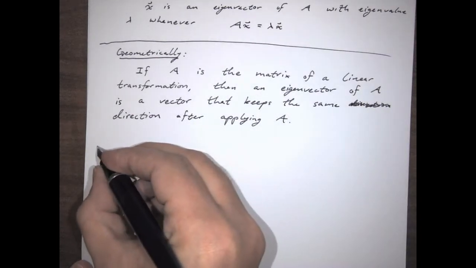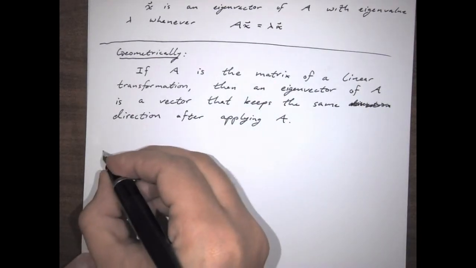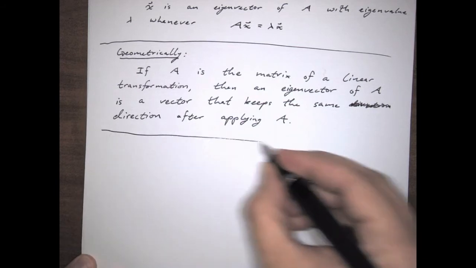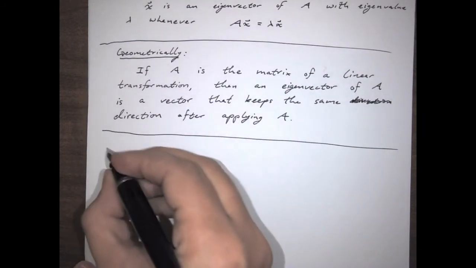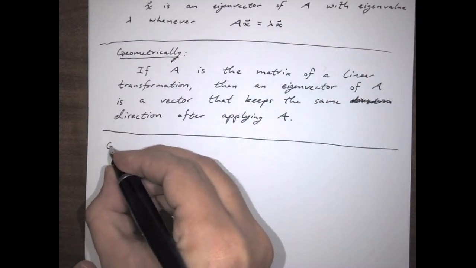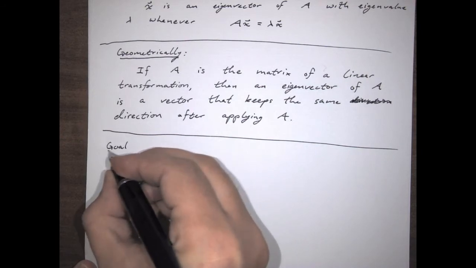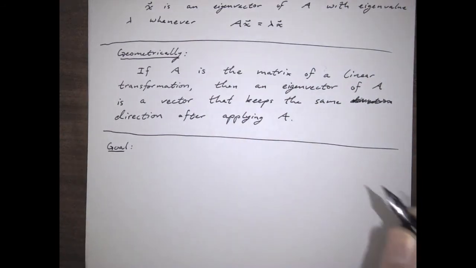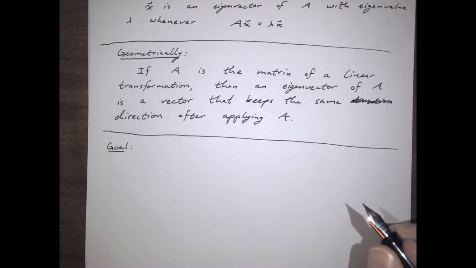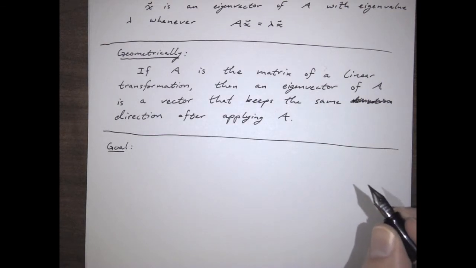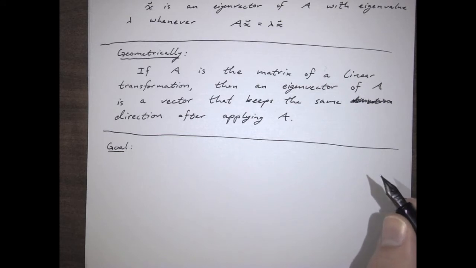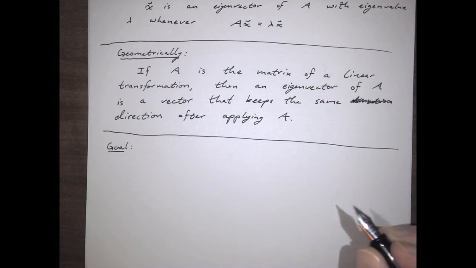So here's our first goal. So this is separate. Now, new thing, goal. So our first goal here is, if I am just given a lambda out of thin air, then it's going to be my task to try to figure out what eigenvectors would be associated with that eigenvalue.